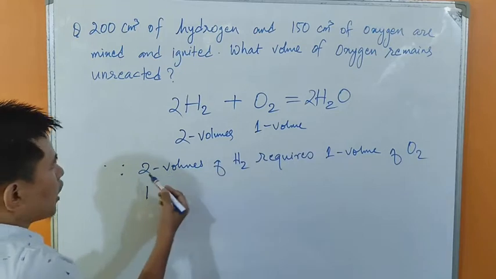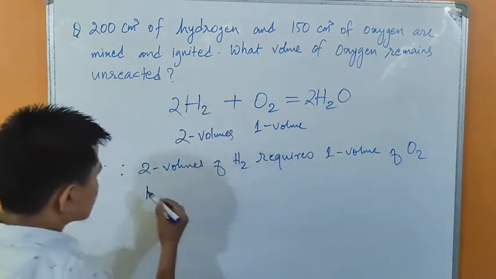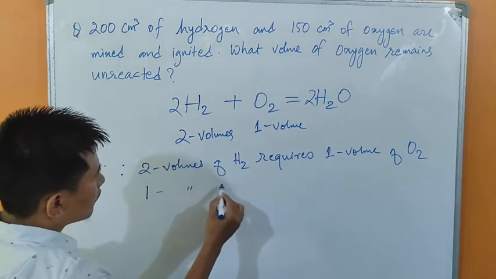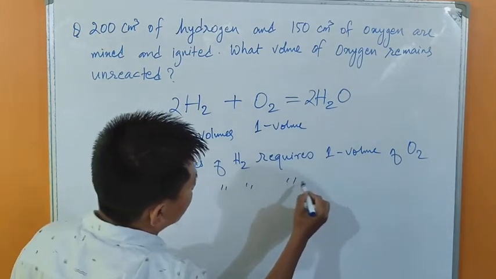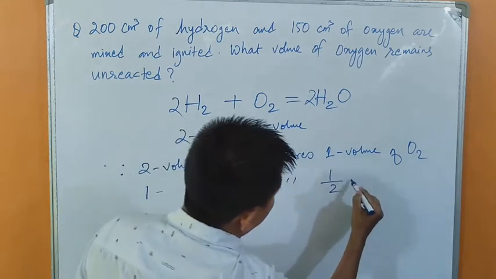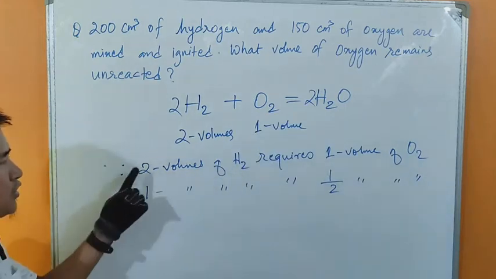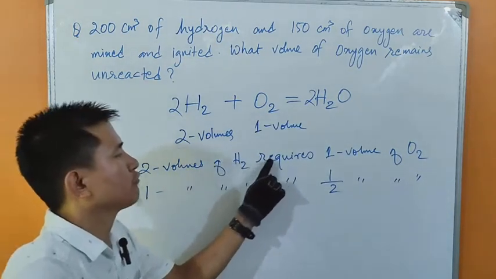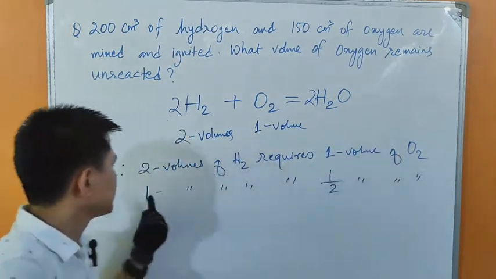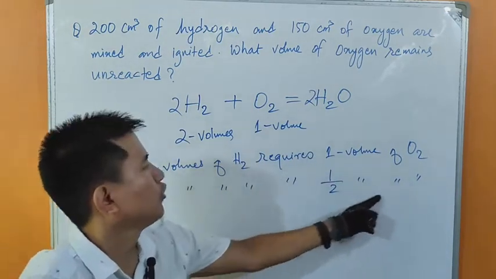The simple thing. 2 volumes of hydrogen requires 1 volume of O2. So 1 volume of H2 requires, this one remains here, this 2 comes down, 1 upon 2 volume of O2. Got this point? If 2 volumes of H2 require 1 volume of O2, then 1 volume of H2 requires 1 upon 2 volume of O2.